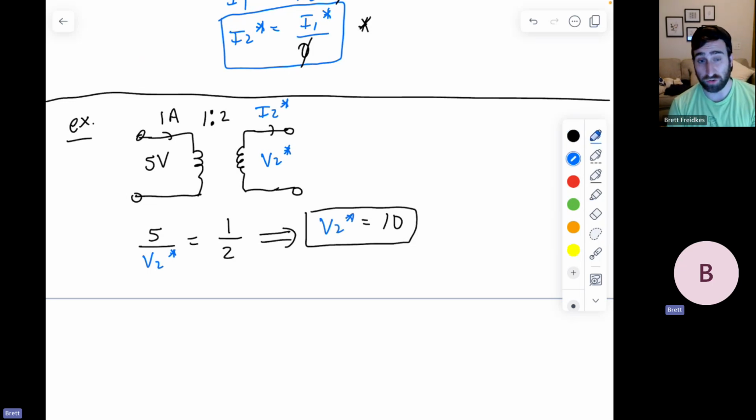So we see that in our circuit, we've gone from 5 volts to 10 volts. We have doubled our voltage.